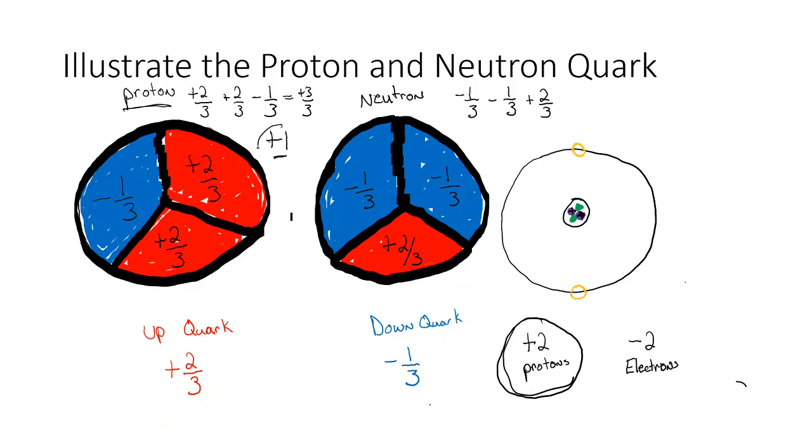They have a charge of positive 1. So for the neutron, if we add these up, we have negative 1 minus 1 is negative 2 plus 2 thirds is 0 over 3. So a neutron has a charge of 0. That's why we call it a neutron, because it has a neutral charge, neither positive nor negative.